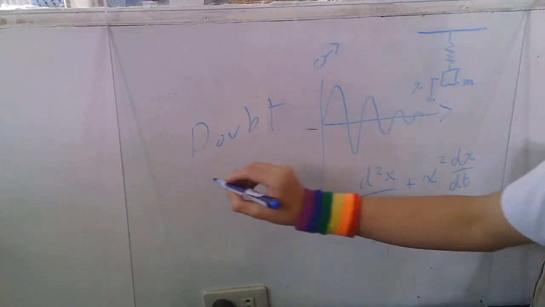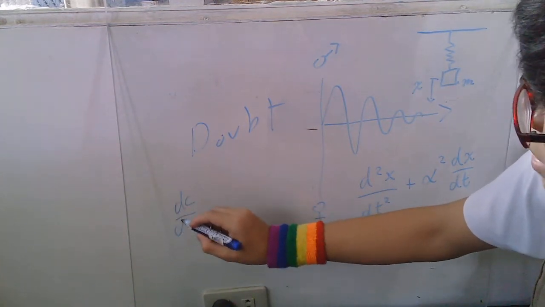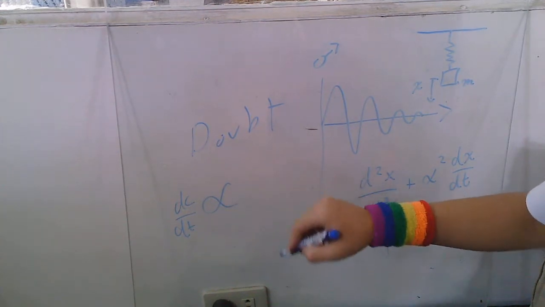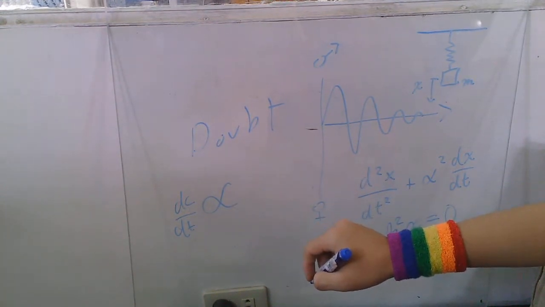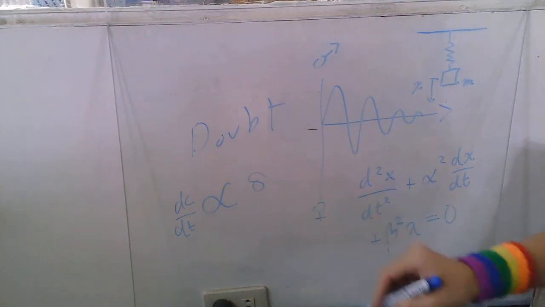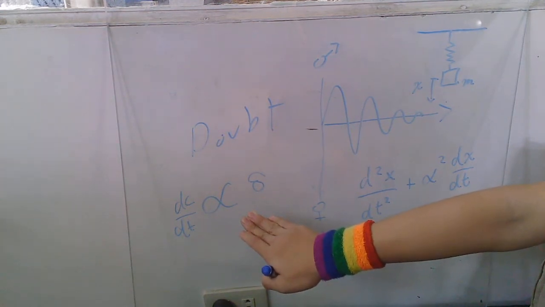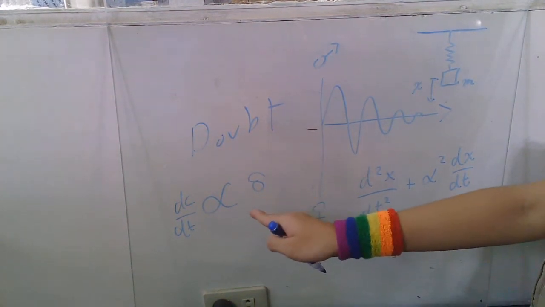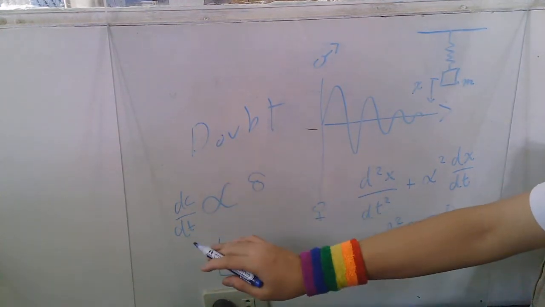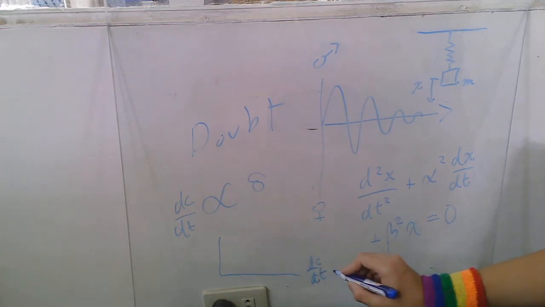Okay, so C, or actually the confidence, dC over dt, as you come to know, is inversely proportional to the doubt, which I think I notated via delta. We're saying inversely proportional because if we're to graph one with respect to another, as the doubt increases, the confidence decreases.